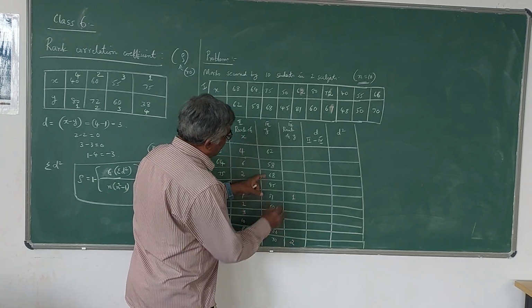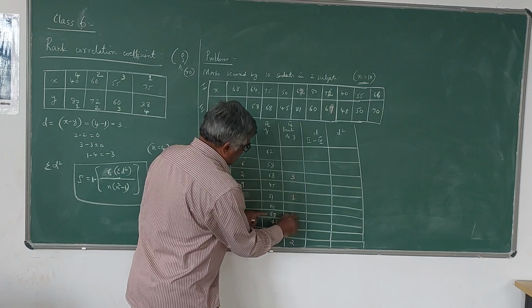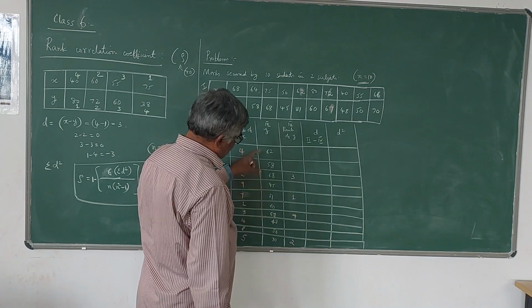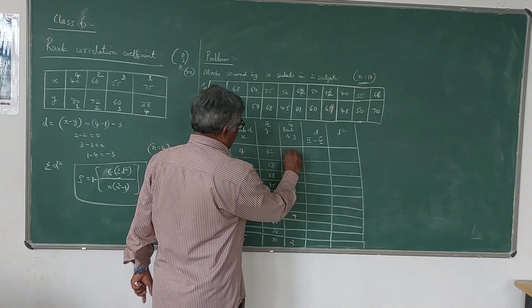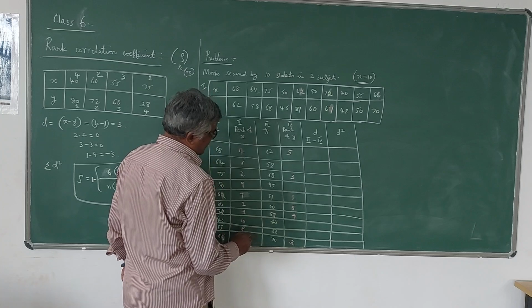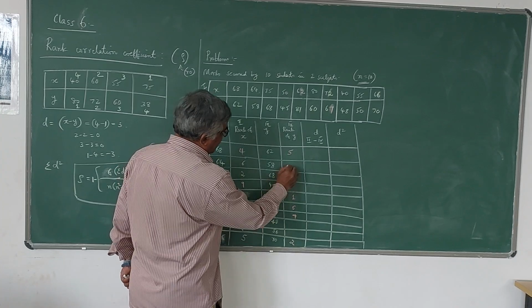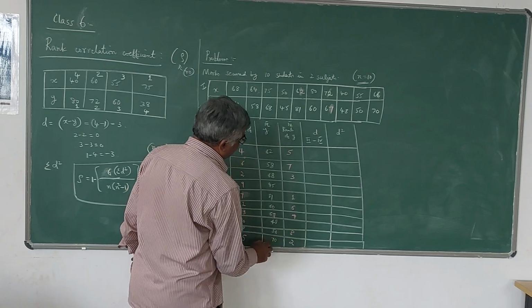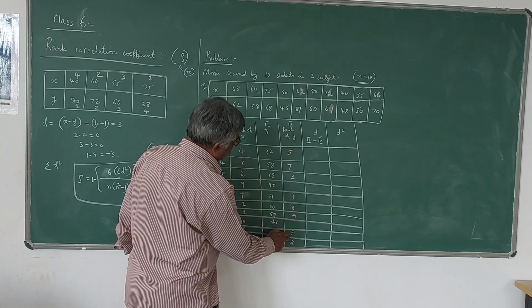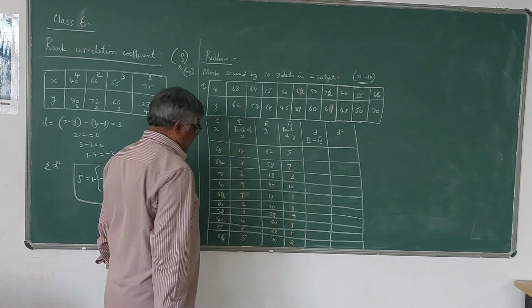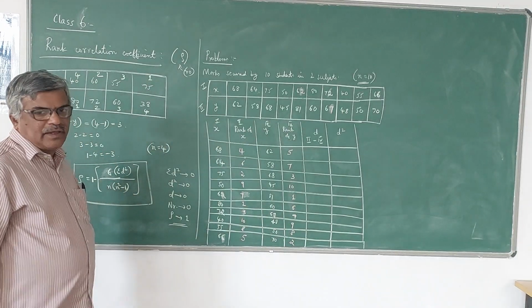Then 68, 3. Then 67, 4. Then 62, 5. Then 66. Then 58, 7. Then 50, rank 8. Then 48 is 9, 45 is 10.